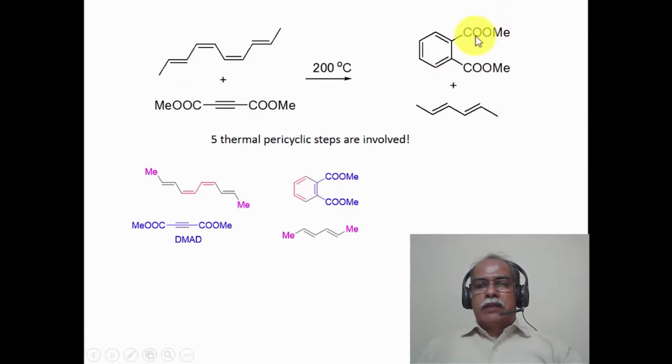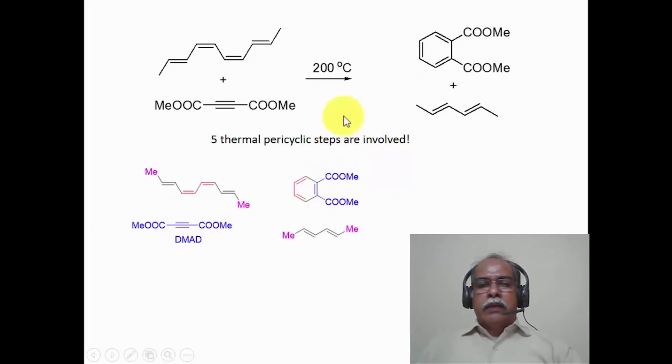You can clearly tell that this diester and these two carbons, the ortho carbons and the diester, should come from the dimethylacetylene dicarboxylate. So I have written the dimethylacetylene dicarboxylate in blue, and this blue fragment in the product should essentially come from the dimethylacetylene dicarboxylate.